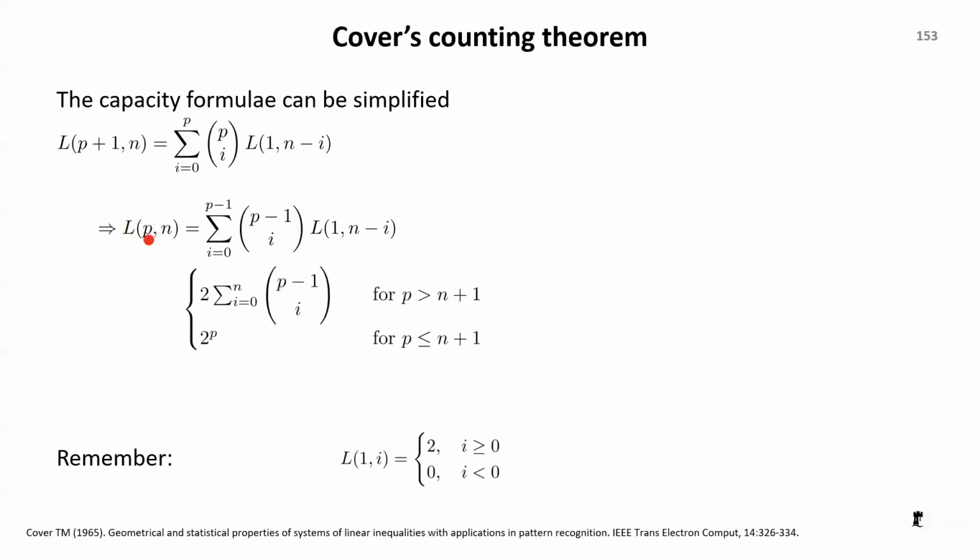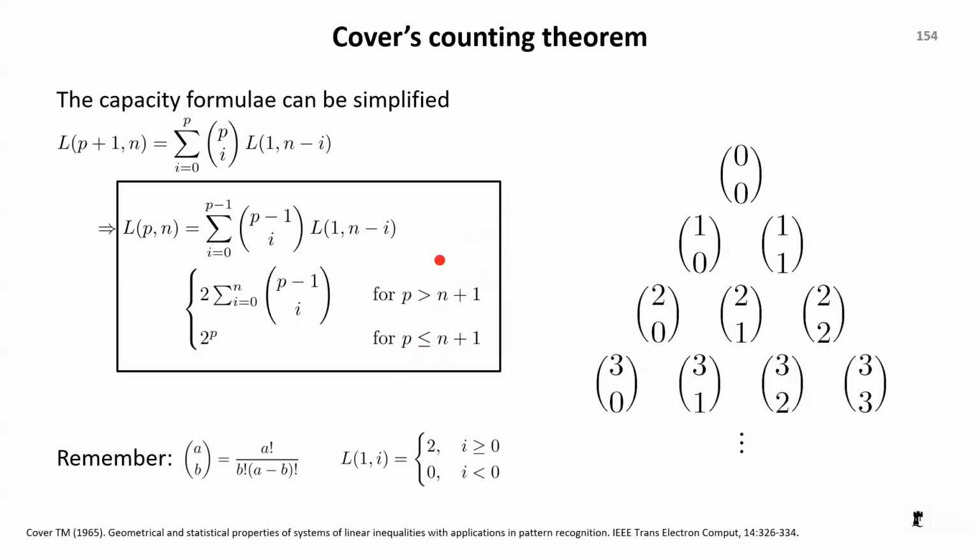So rather than using this equation, we can use these 2 equations depending on the case, depending on the dimension, and depending on the number of points. How do we calculate the binomial Newton?